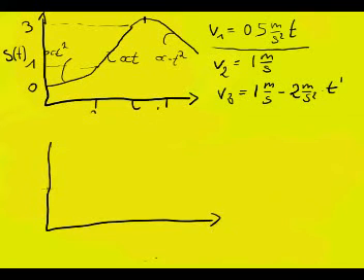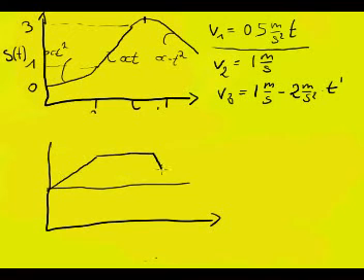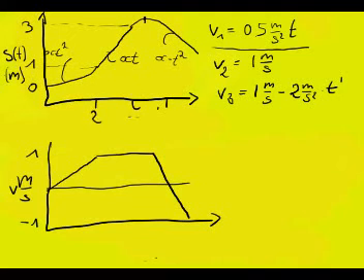Initially the velocity was linearly increasing, then it was constant, and then it went down from 1 to minus 1 meter per second, the velocity. And here this is displacement, measured in meters. This was 2, and this was 4, and this was 5.